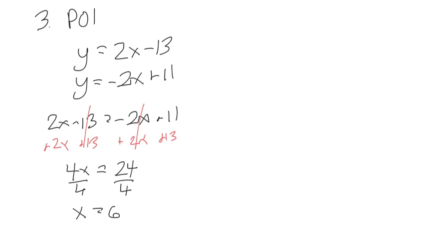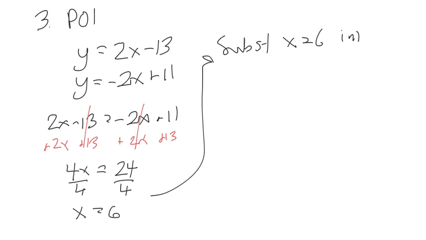Okay, well, I'm not done yet. I only have half the point of intersection. I still need to get the y value. So I will substitute x equals 6 into the first equation, y equals 2x minus 13.